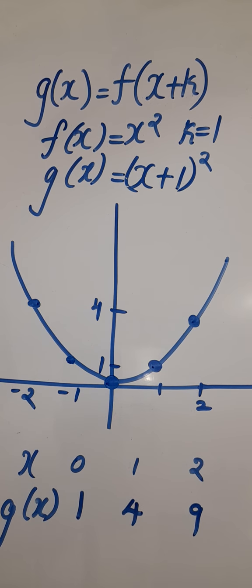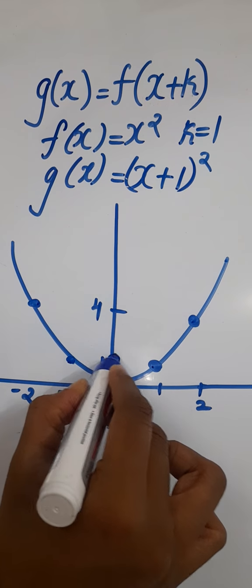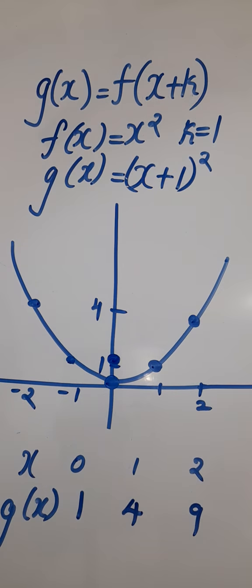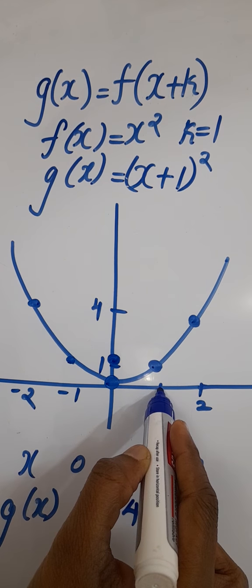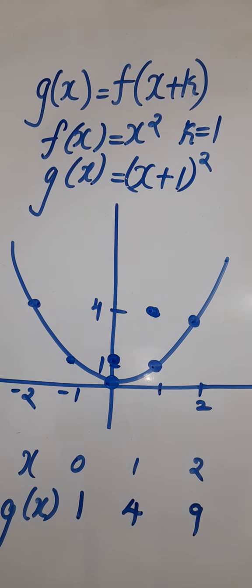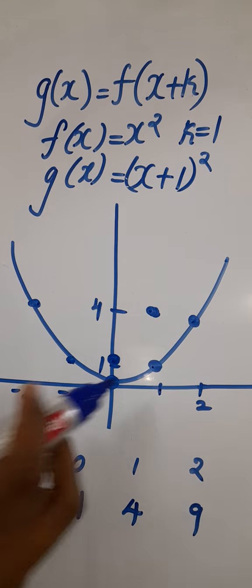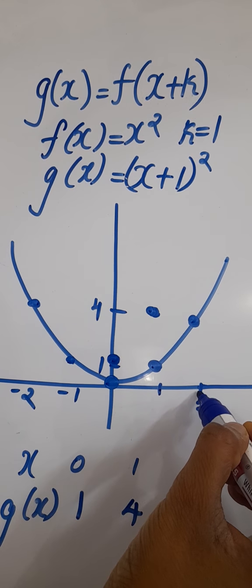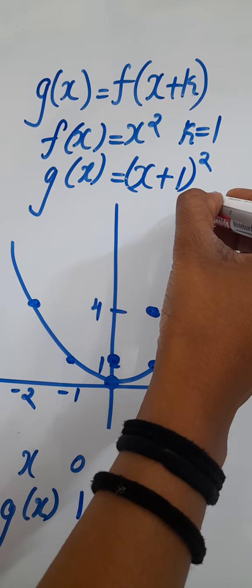That is, for x equal to 0, we get y equal to 1. For x equal to 1, we get y equal to 4. For x equal to 2, we get y equal to 9, somewhere on top.